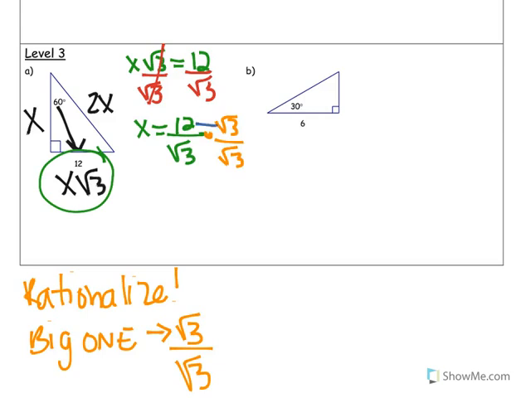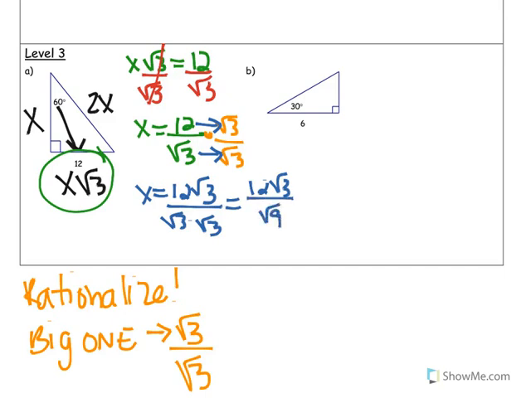And now let's multiply across. 12 times root 3 is 12 root 3. And root 3 times root 3, you could probably skip that step, but root 3 times root 3 is root 9. The square root of 9 is 3, so I have 12 root 3 over 3.